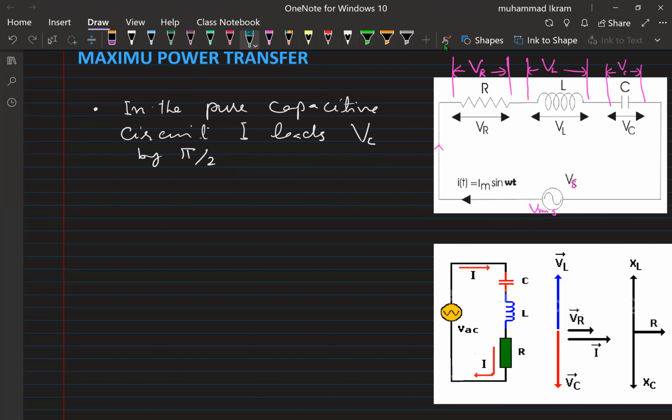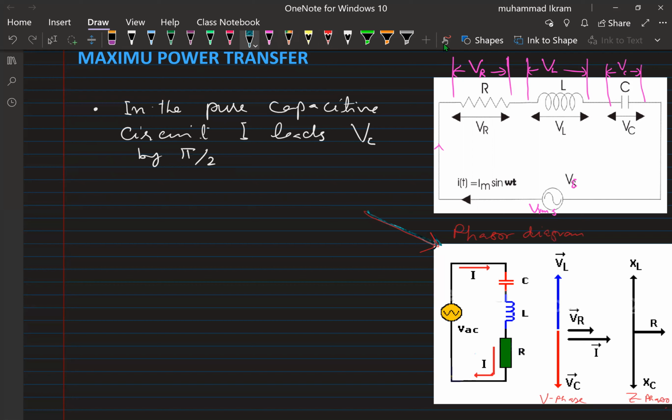Here we have the phasor diagram for the RLC circuit. In this phasor diagram, we have the V phasor and the Z phasor, in terms of the potential difference and in terms of resistance.